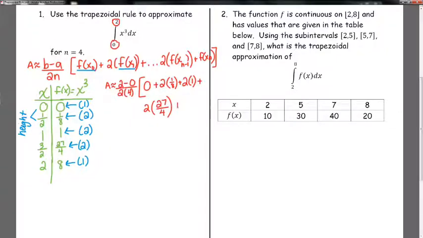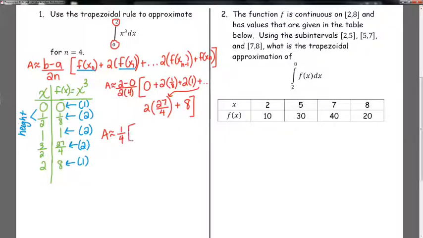And finally, I'm just going to use the single 8. I kind of ran out of room, so this part right here is finishing up down there. So my area is approximately, well, 2 times 0 is 0, and then that leaves me with a fourth. My 2's are going to cancel, so I'll have 2 over 8, which is 1/4.